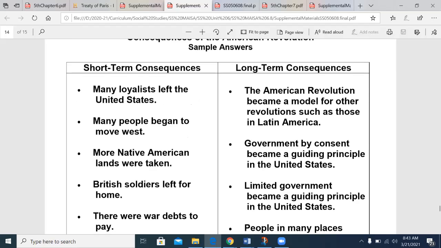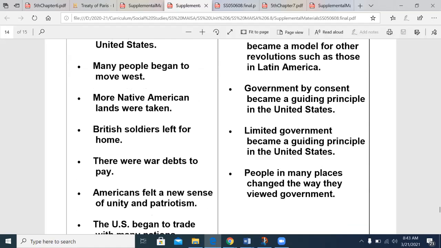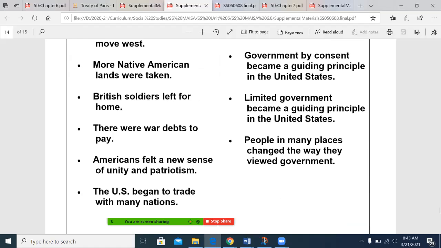Some of the long-term consequences: the revolution became a model for other revolutions, such as those in Latin America and France. Don't forget France. Government by consent became a guiding principle in the United States, sort of. Limited government became a guiding principle in the United States, and that is something that is still argued over today. What exactly is limited government?